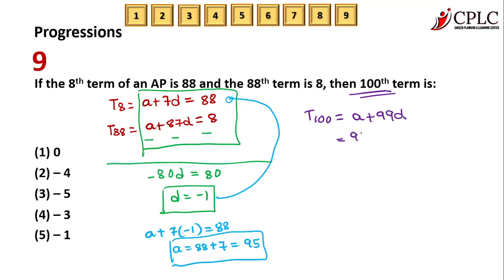A we know is 95, d we know is minus 1. So this becomes 95 minus 99, which is minus 4 as the answer, which is answer option 2 for question number 9, the simplest and easiest way to look at that. So T100, the 100th term of the AP, is minus 4, which is answer option 2.